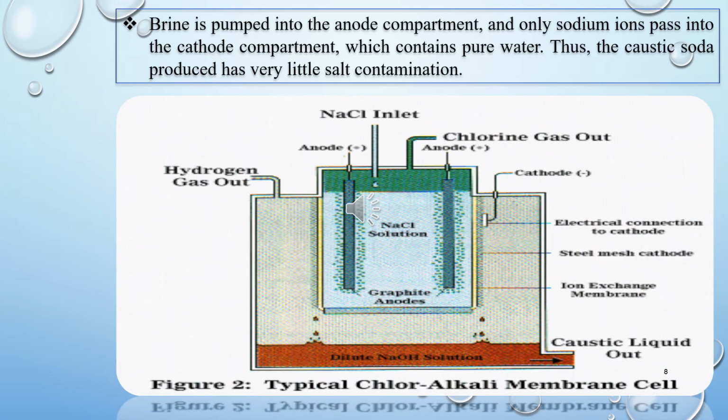Dear students, so far we have discussed the working of the membrane cell. In that cell, there are two electrodes, anode and cathode, and these electrodes are separated by a semi-permeable membrane formed by plastic sheets, which are chemically active and will not allow the chloride ion and hydroxyl ion to pass through it from the anode chamber.